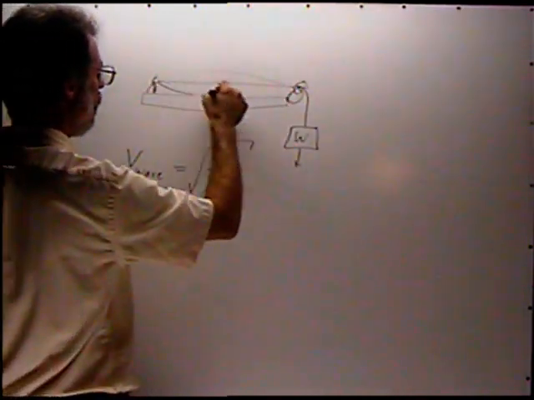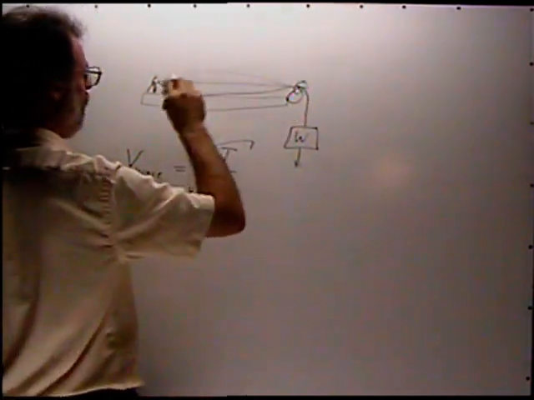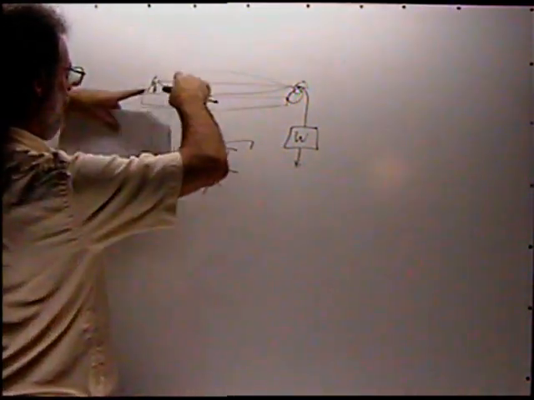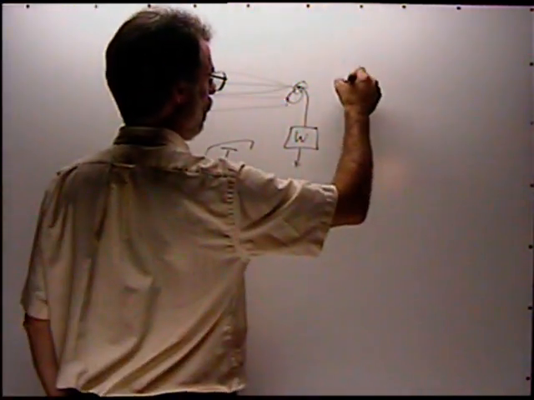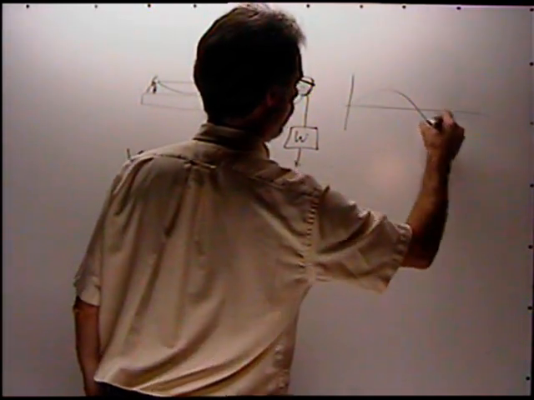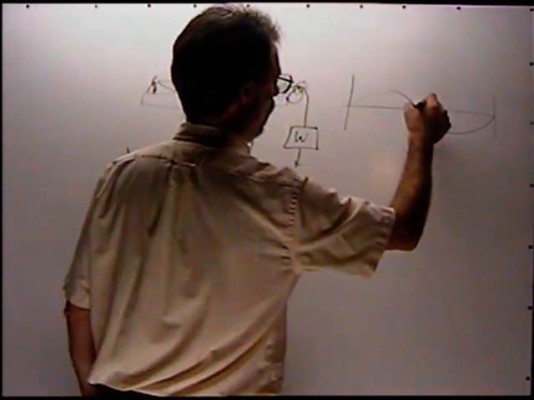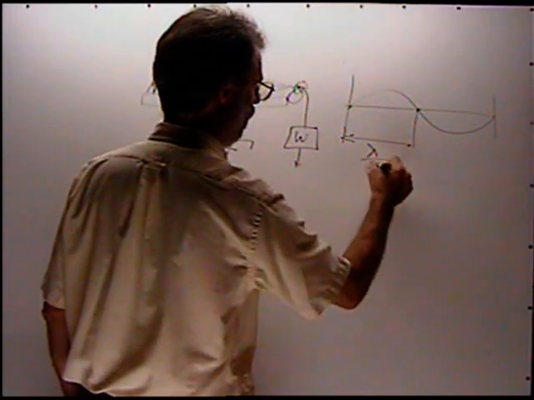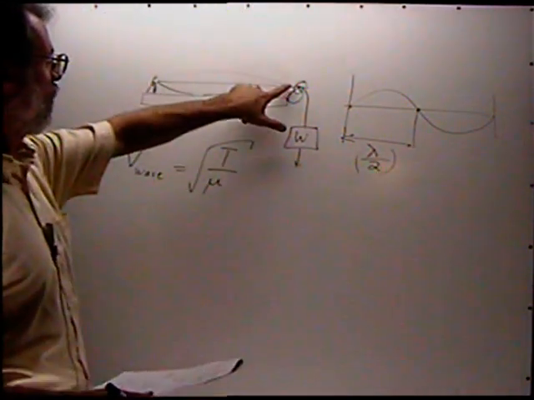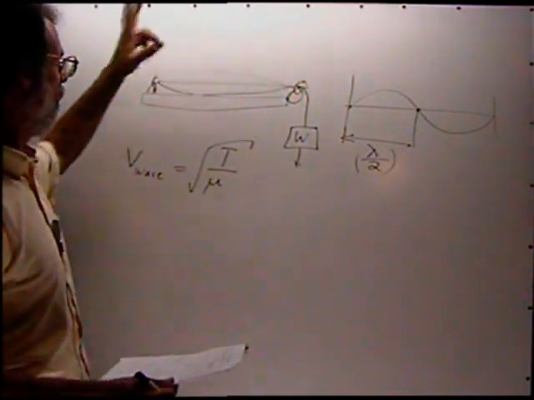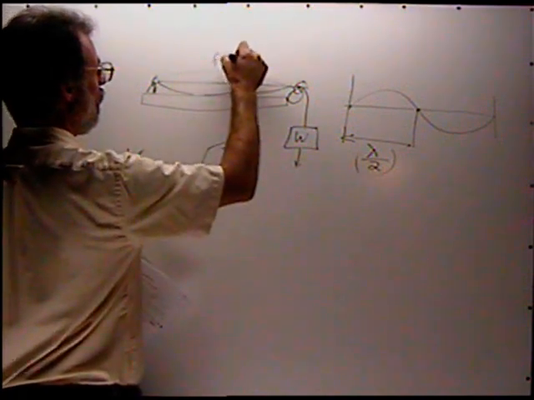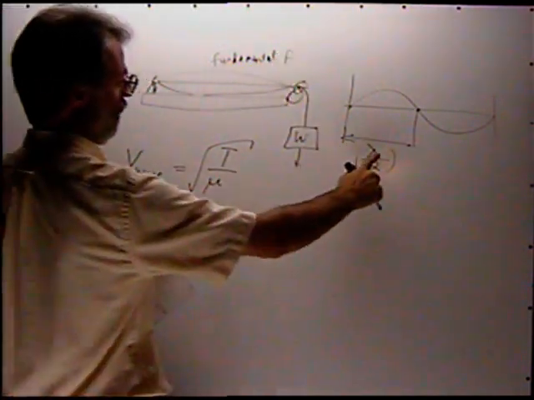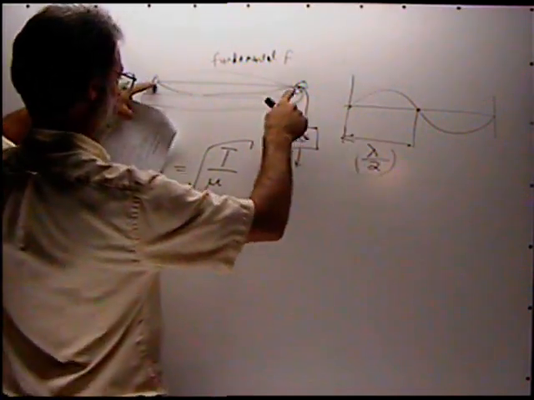So the first fundamental wave is where the string vibrates like this, up and down, and it's tied here and it's tied here. Well, what does that look like? If that's one wavelength, if it's tied here and here, this distance is half a wavelength. Okay, so when you have a string that's plucked, that's tied at either end, the fundamental frequency is such that half a wavelength goes from end to end.